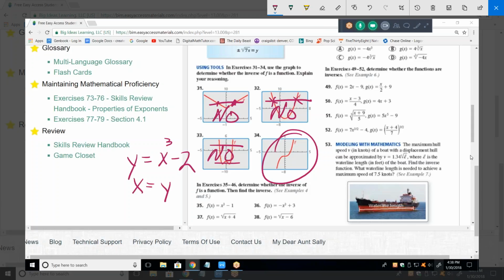Next line, x plus 2 equals y to the third. Next line, the cube root of x plus 2 equals y. Correct. And that is a function.